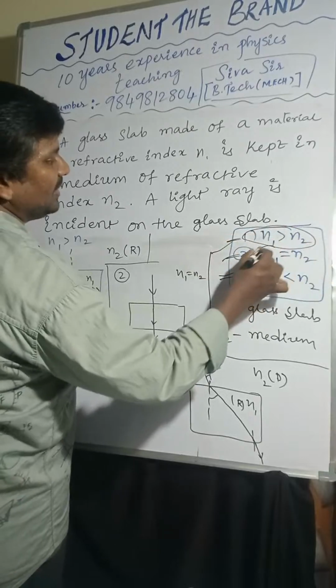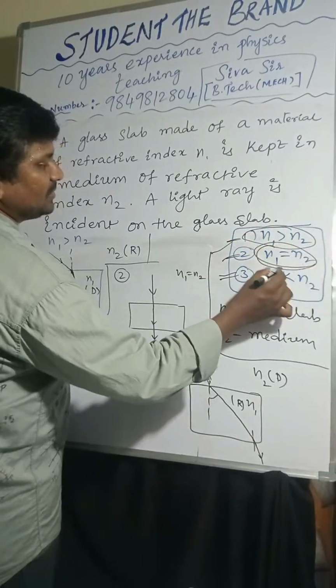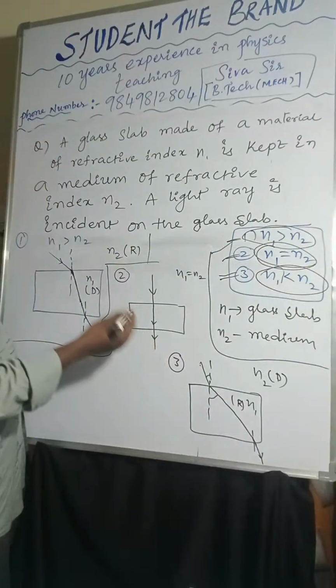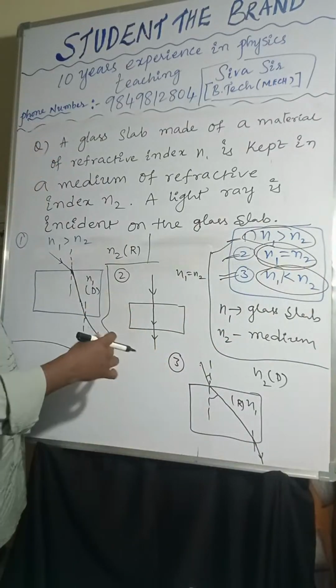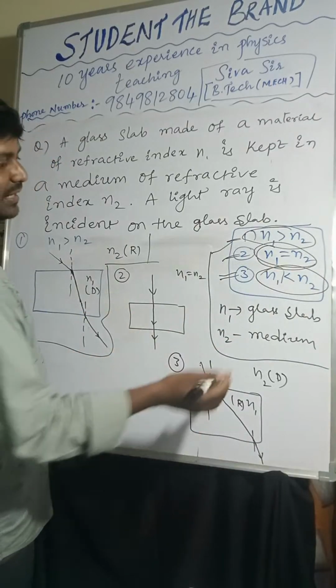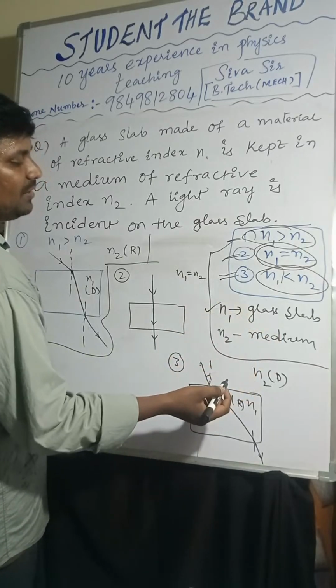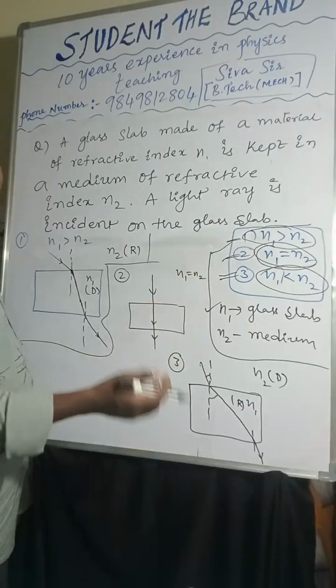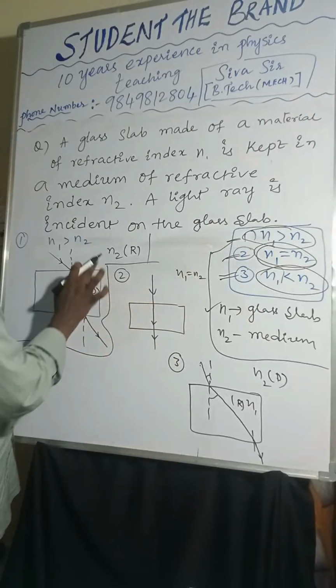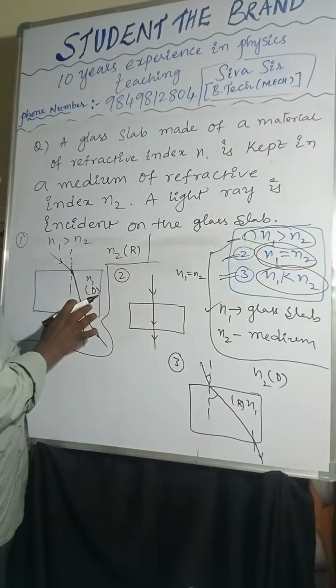By taking the conditions, by refractive index only, we have to draw the diagram. Without taking proper notations and identifying the refractive index, glass slab and medium, we must mention them. Every time you are drawing, you must identify which one is the rarer and which one is the denser.